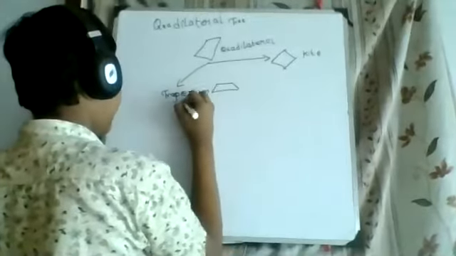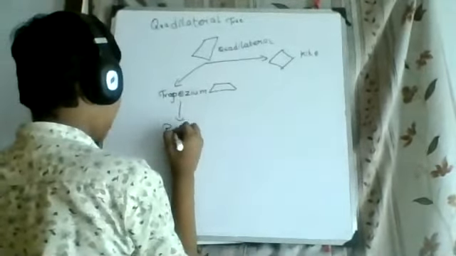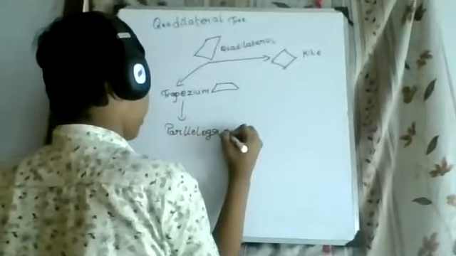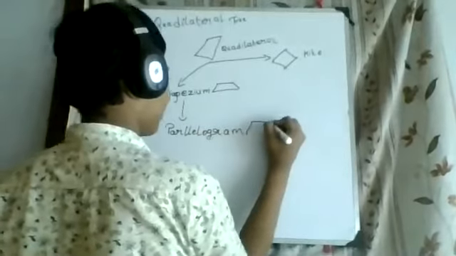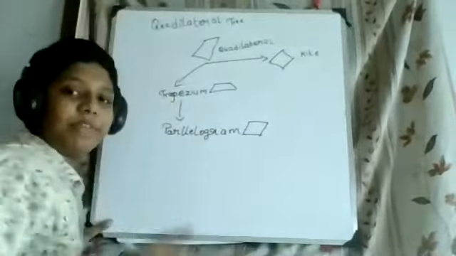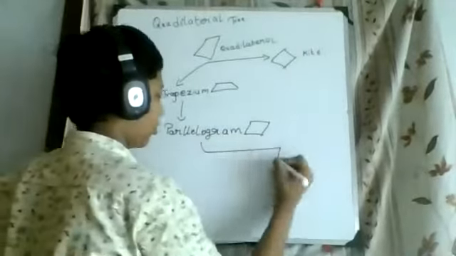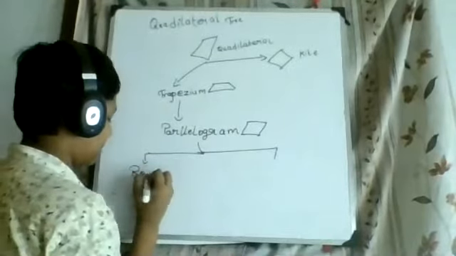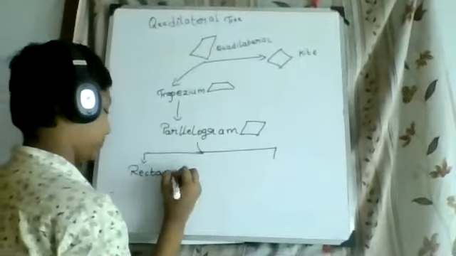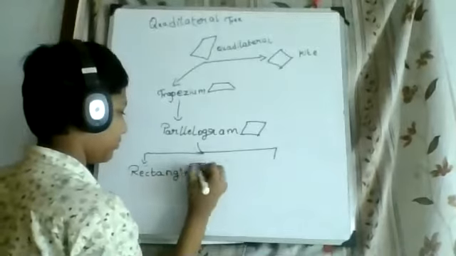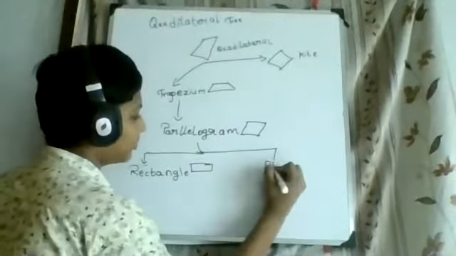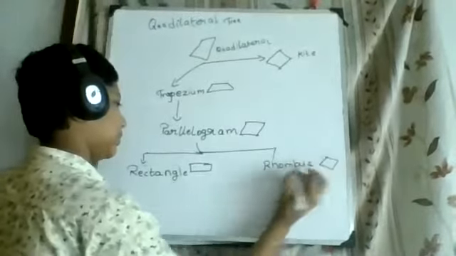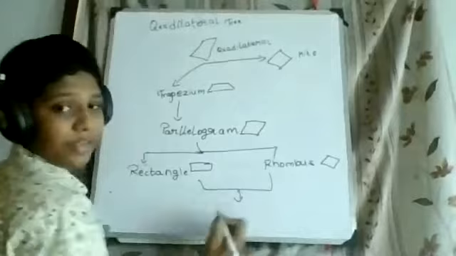And next, from trapezium we will have parallelogram. From parallelogram we will divide into two: rectangle as well as rhombus. And from these both we will derive square.